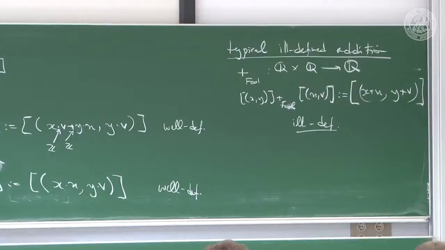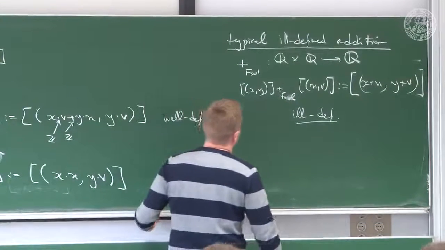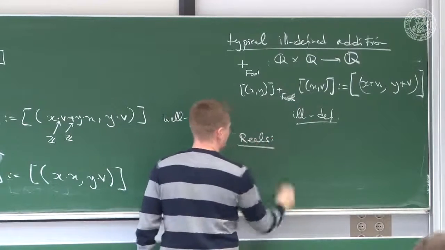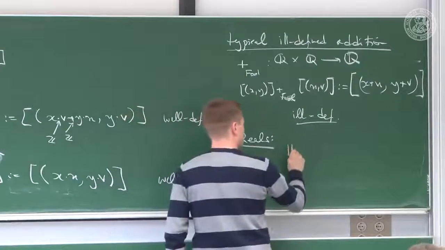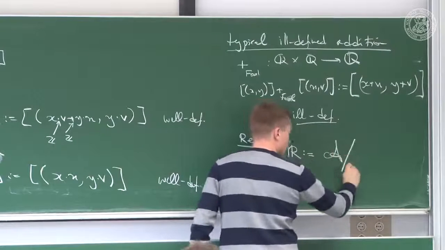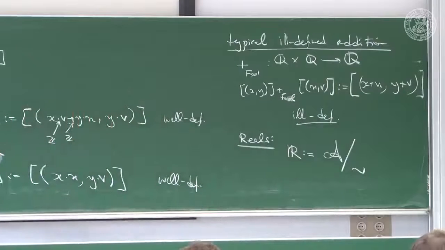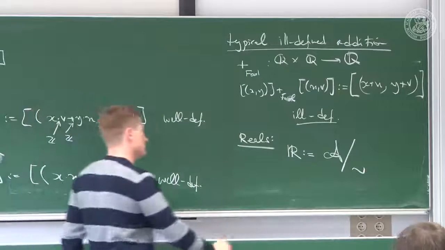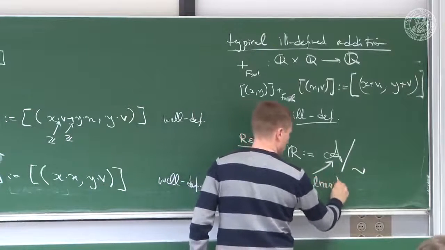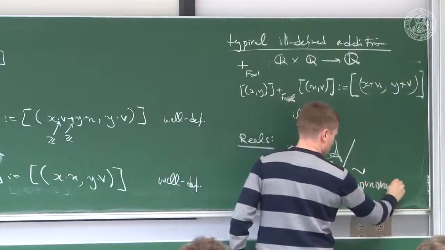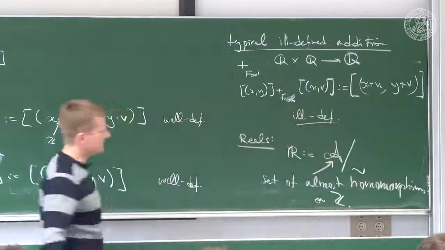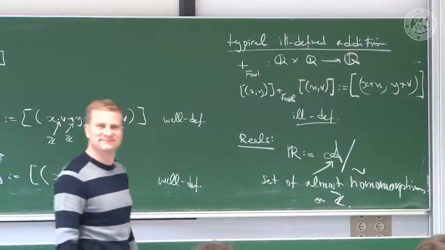Okay. Because time is up, there's just one more remark on the reals. Also, the reals can be defined by way of a quotient set. And the set A is the set of almost homomorphisms on Z. What that is, I assume you will learn on problem sheet 2.